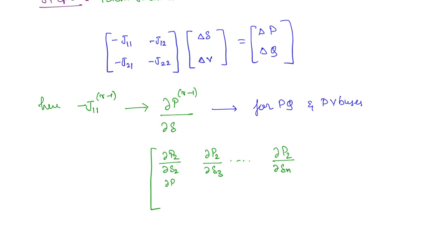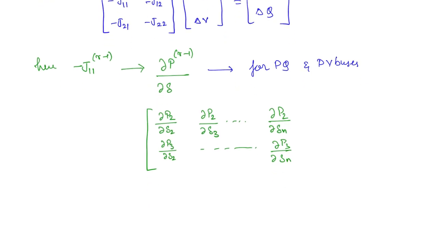Similarly the next bus, ∂P3 by ∂δ2, continuing till ∂P3 by ∂δn. And the last row is going to be ∂Pn divided by ∂δ2, continuing till ∂Pn divided by ∂δn. So this will be the entire matrix.